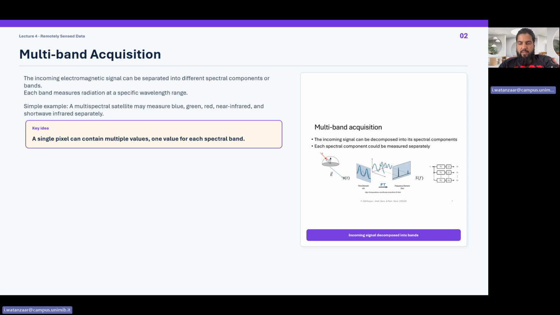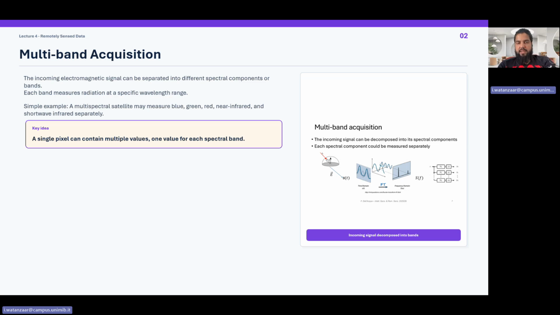Multispectral sensors collect a few bands of data, starting from 4 to 5 bands, and hyperspectral sensors collect from 10 bands to 100 bands, with very narrow bandwidths like 2 to 5 nanometers. In multispectral sensors, we have seen that the bandwidth of the bands is around 9 to 100 nanometers. So multi-band acquisition exactly reflects those sensors, and the acquisition happens through them.